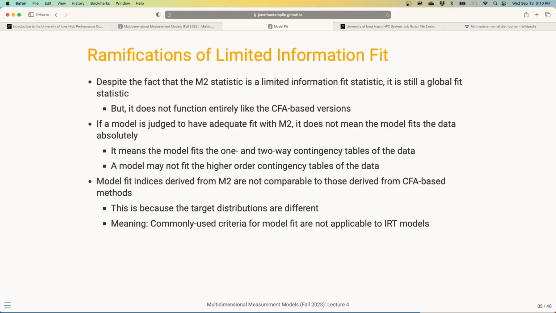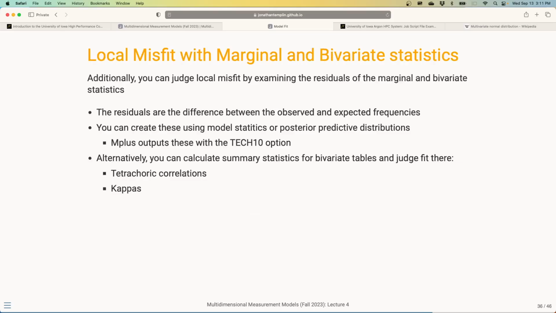There's a number of papers recently about whether we're using the wrong, like RMSEA should be less than 0.05 or 0.08 for roughly approximate fit. People kind of think that might be too lenient in these types of models because it's a different statistic altogether. Like it's essentially a different scale, I want to say. It's derived from a different scale. Anyway, you can also get local misfit.